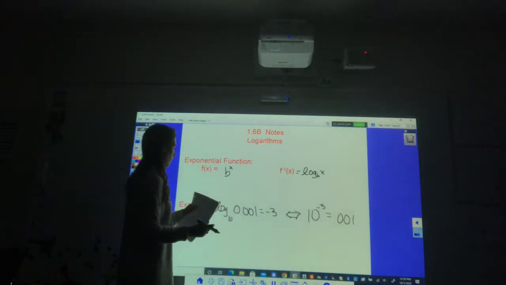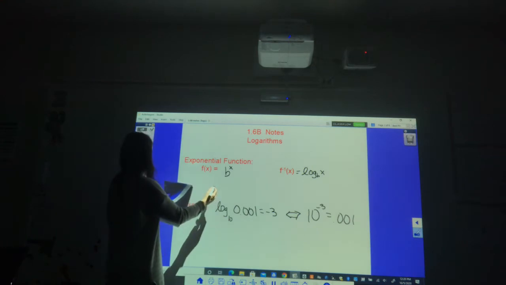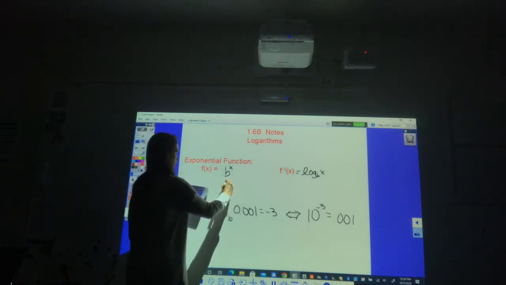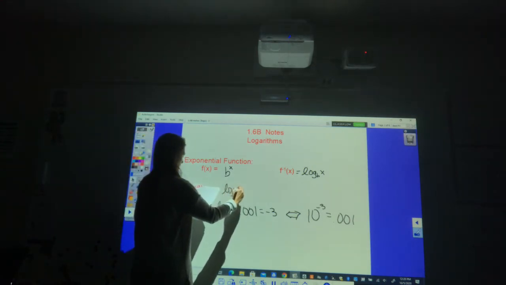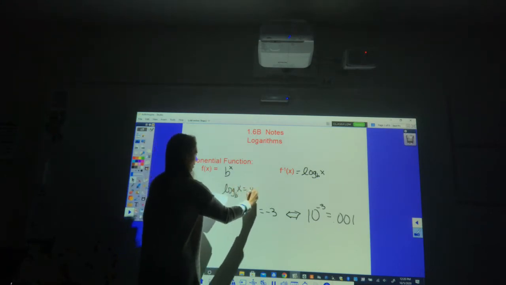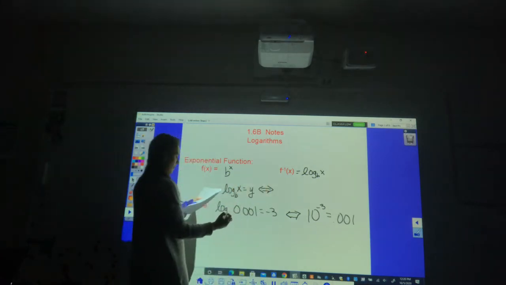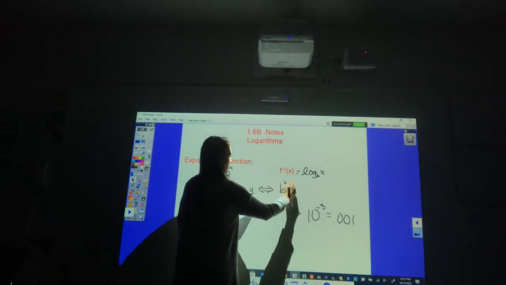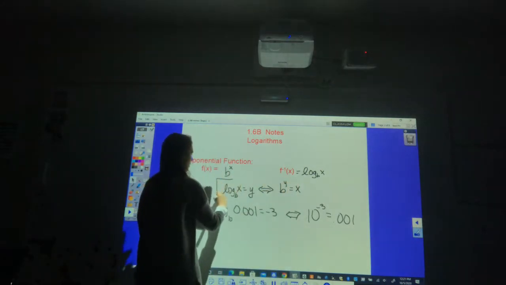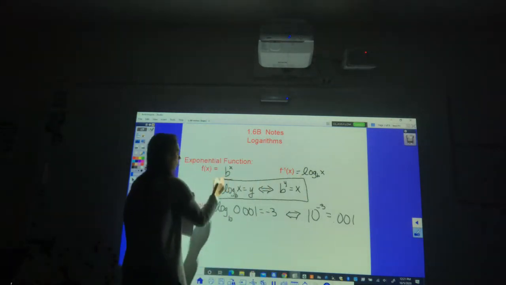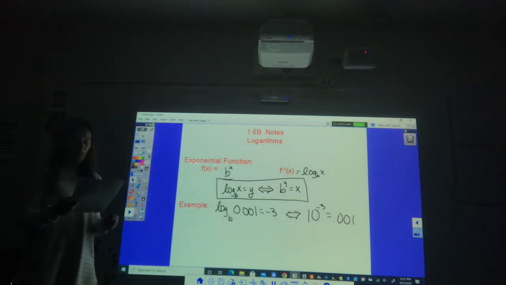So I guess there's one thing I want you guys to put above the example, and that would be: log base b of x equals y implies that b to the y equals x. So this is kind of like the rule, and then this is an example of that rule.